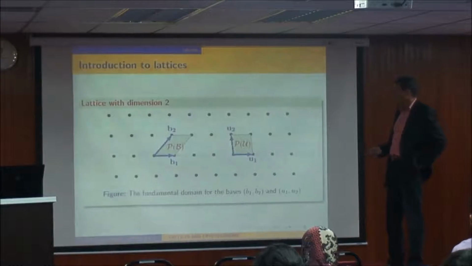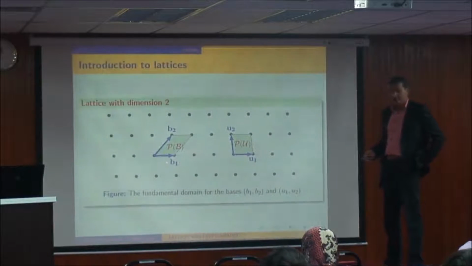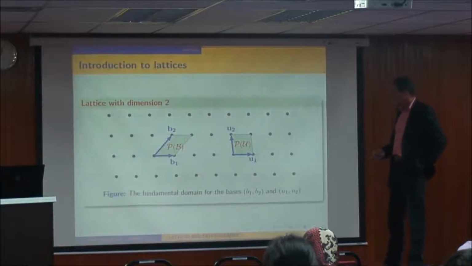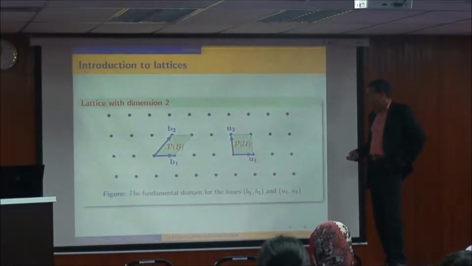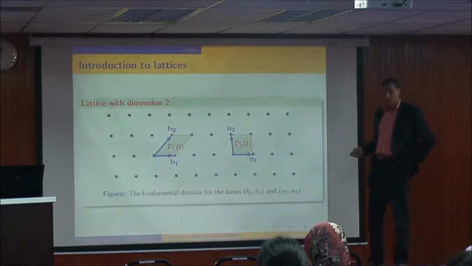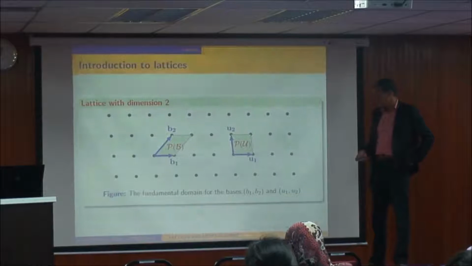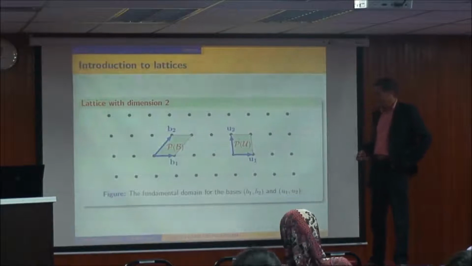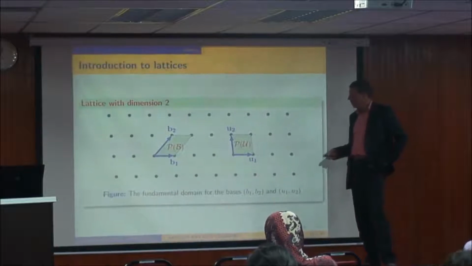I will show you some pictures about the fundamental domain. For example, here we have a lattice, two vectors, V1 and V2, and for the same lattice we have another basis, U1 and U2, and we know that we can move from this basis to the other one by using a square matrix U with determinant plus or minus 1.